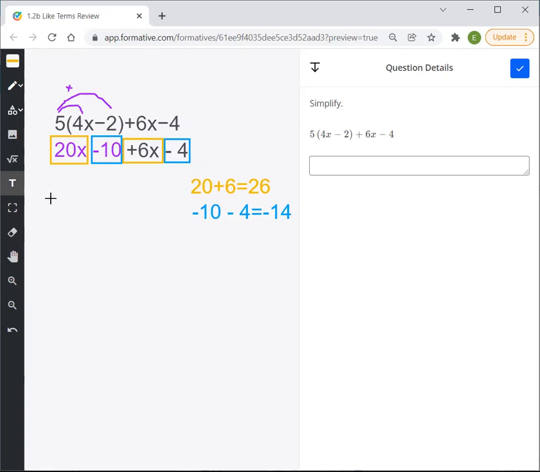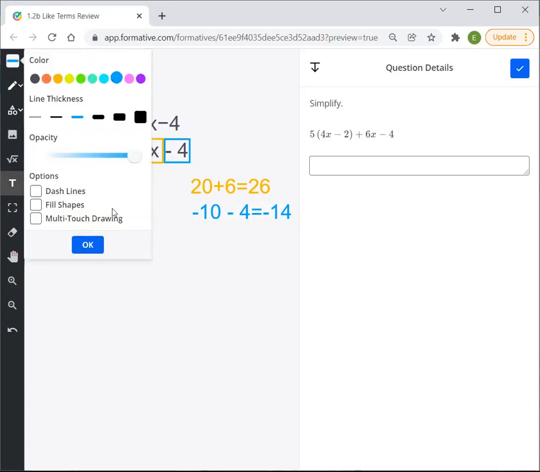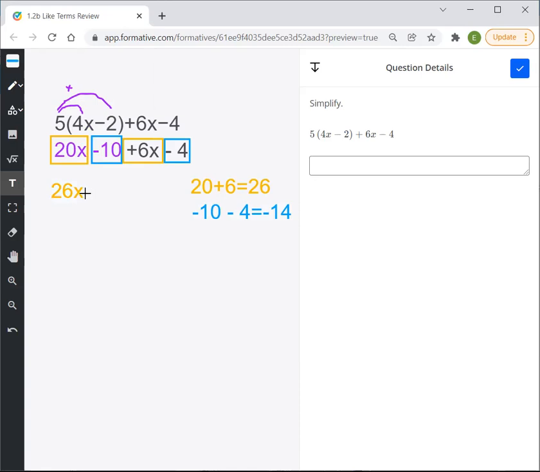So we need to make sure it's still an x term. So it's 26x, and the negative 14 was our constants. So we're going to put negative 14 on it. So we end up with 26x minus 14 as our most simplified answer.